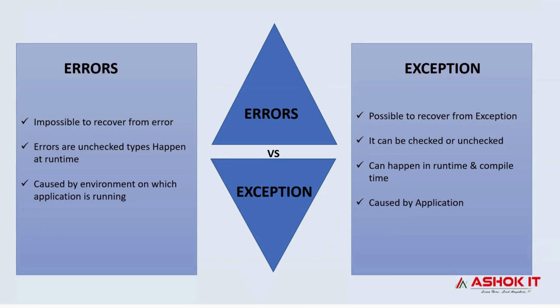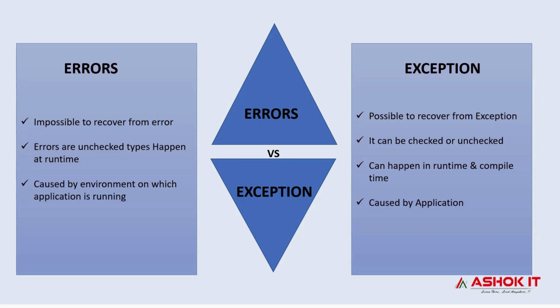First, errors are impossible to recover from, but exceptions can be recovered by handling them. Next, errors are of the unchecked type, but exceptions can be checked or unchecked. Just wait, you will know what checked and unchecked exceptions actually are. Later I'll explain it more clearly.